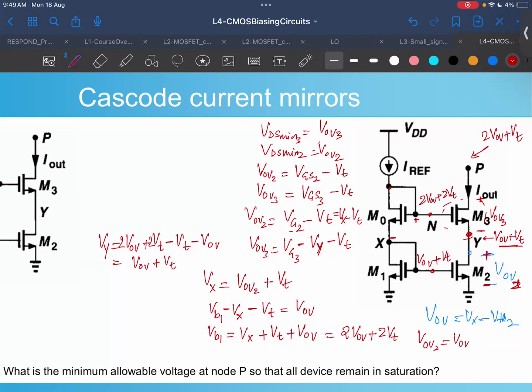So what you see is that the minimum voltage I need, though from here I could see that the minimum I would have needed is VOV plus VOV, right? This is the 2 VOV.